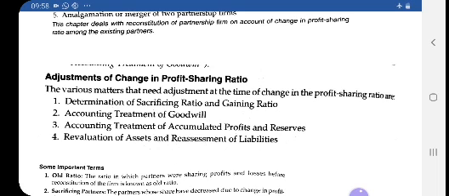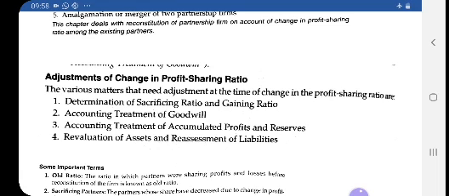Suppose reserve is given as 20,000, profit is 10,000, and advertisement expenditure is 5,000. Then what will be the net amount? 20 plus 10, that is 30,000. 30 minus 5, because it is a loss, so 25,000 is the amount to be compensated by the gaining partner to the sacrificing partner.